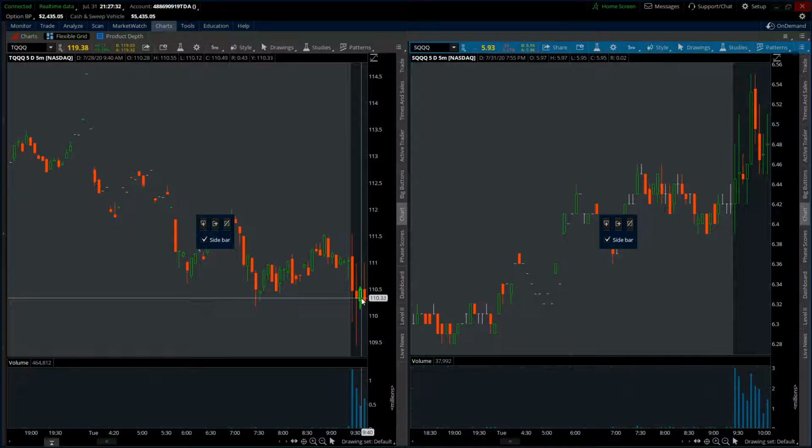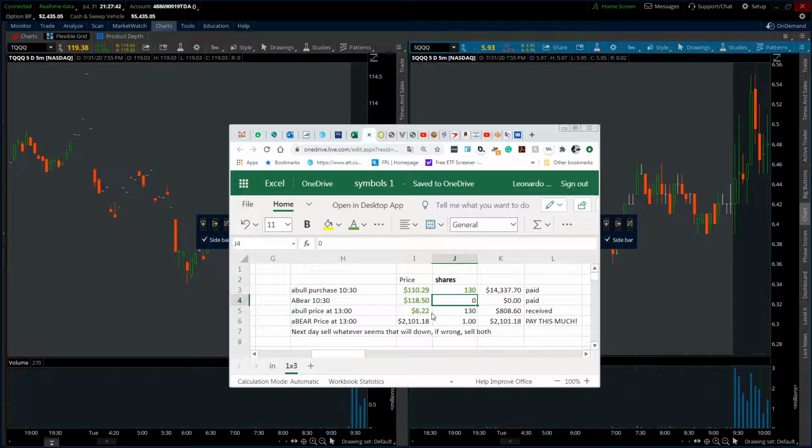Right around the middle of the third bar. So it'll be around here. 6.46. You don't buy anything. You just put the price. 6.46.